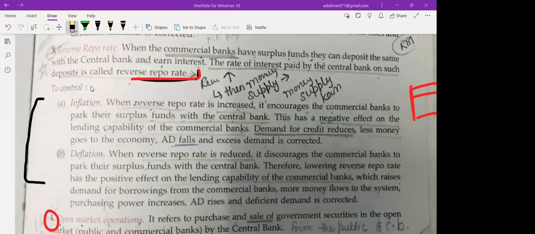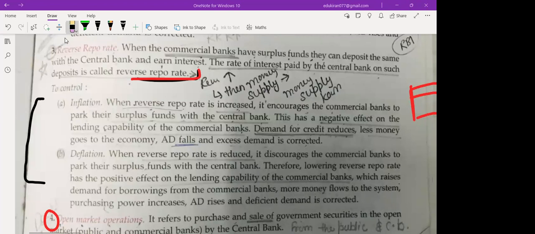The procedure: it has a negative effect on the lending capacity of commercial banks, demand for credit reduces, less money goes to the economy, aggregate demand falls, and excess demand will be corrected.